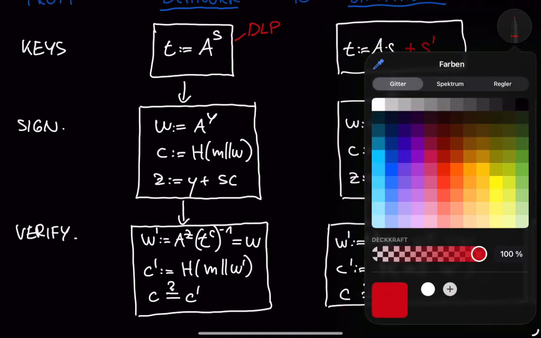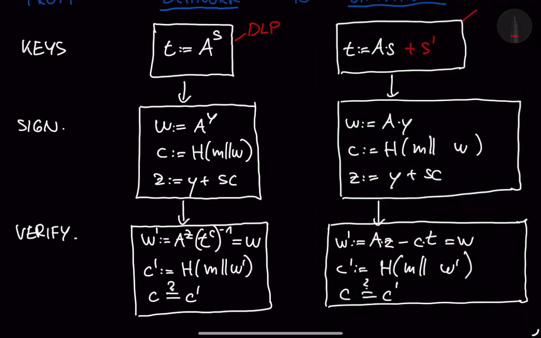And in this case we get an LWE problem, learning with errors problem, like we had in the Kyber encryption system. But if we add this noise, the protocol changes a bit exactly at this position, so that we get a C times S prime.